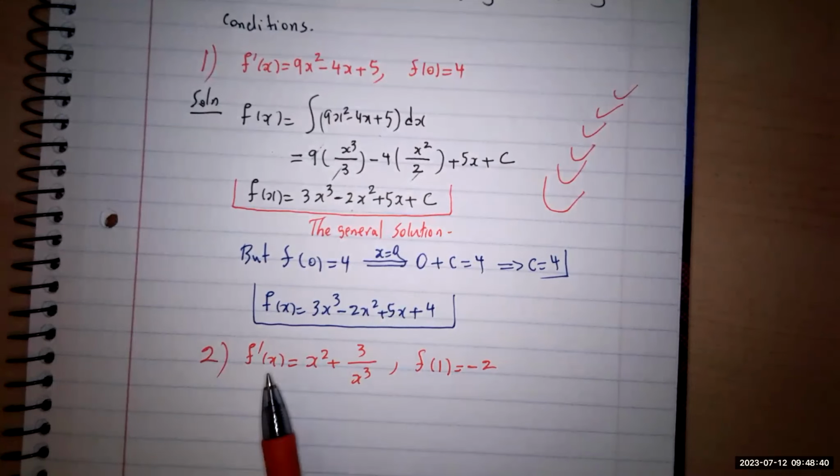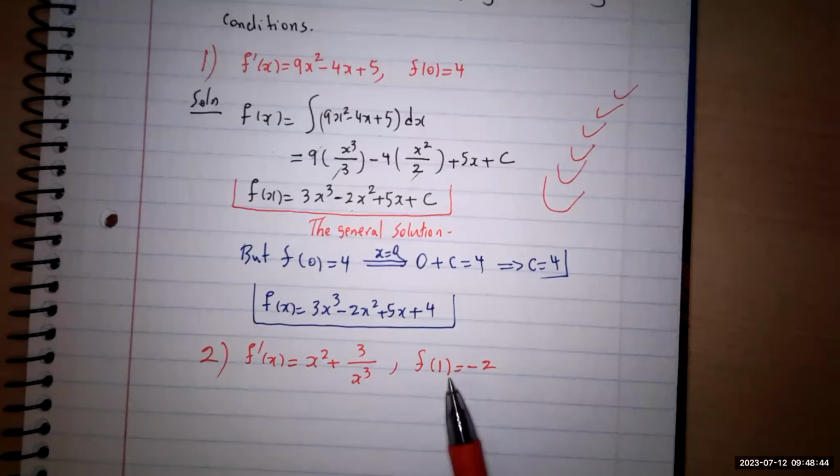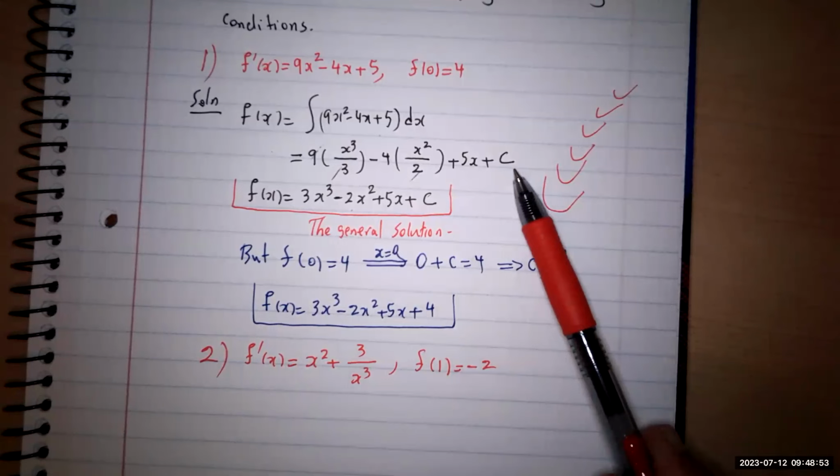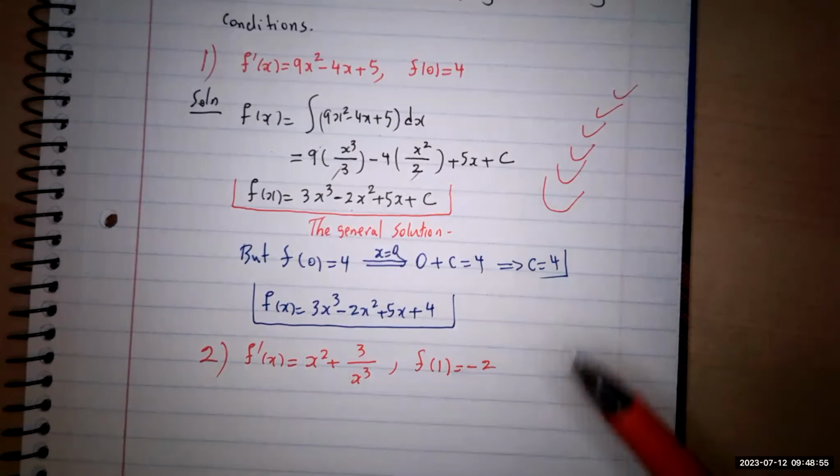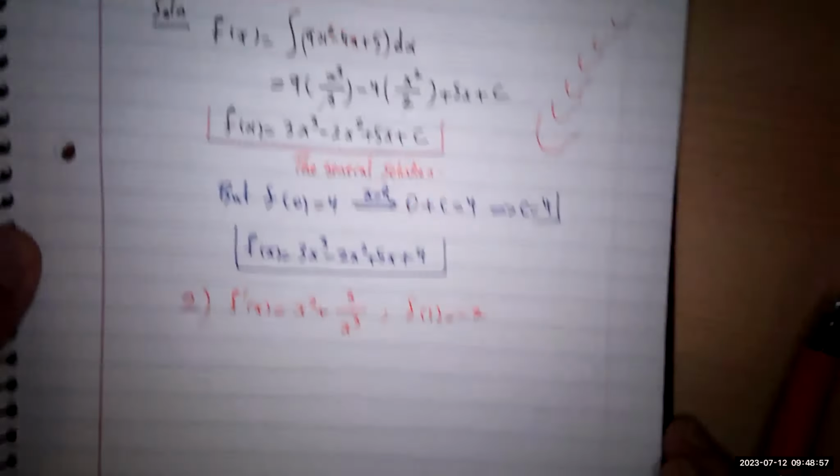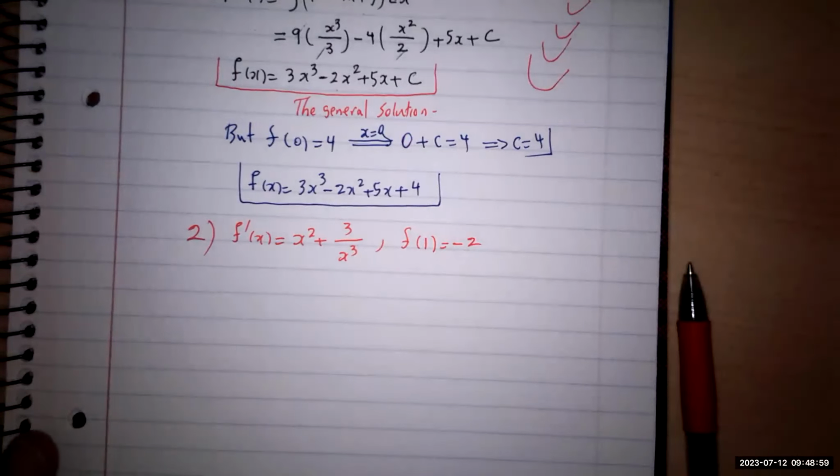Okay, again, the derivative of the function is satisfying this condition. You have the initial condition. So in order to find the f of x, you integrate it, and when you're done, you have a constant c. Then you can use this condition to find your constant c, okay?